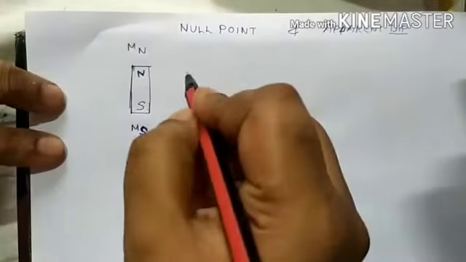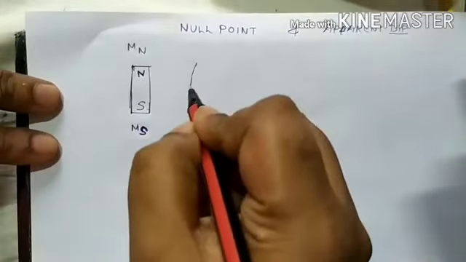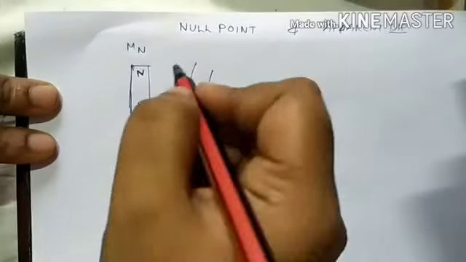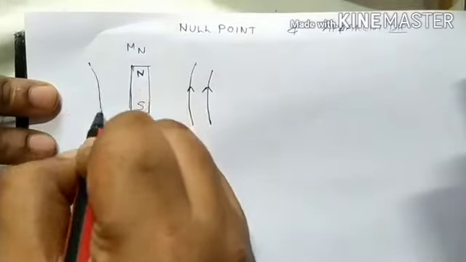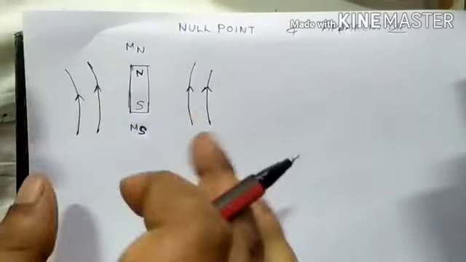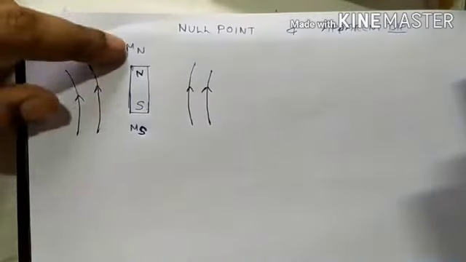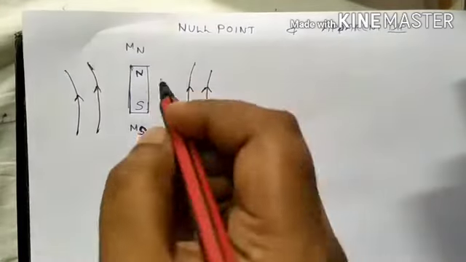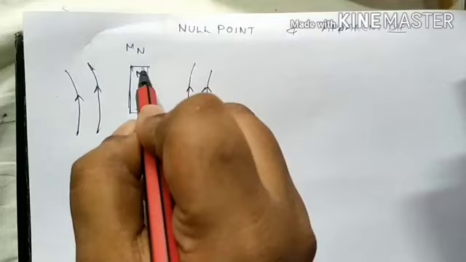As per the figure, experimentally it was found that the magnetic field lines are like this with respect to magnetic north and magnetic south. We are not going into the detail of why it bends like this.